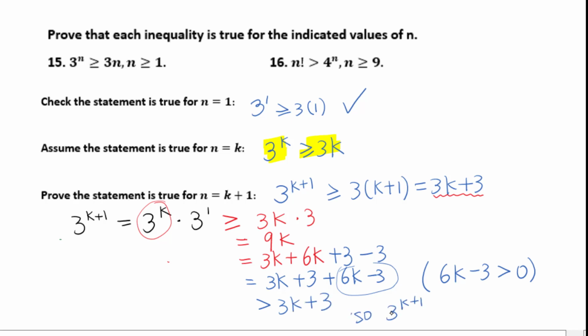So 3 to the k plus 1's power is greater than or equal to 3k plus 3. Just remember you want to create this on the right side so that you can finish proving.